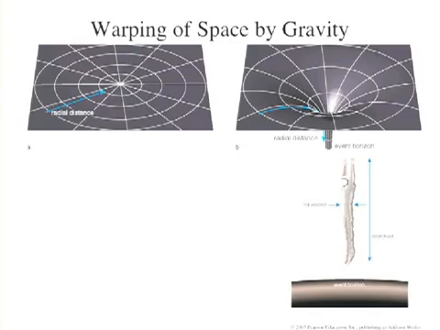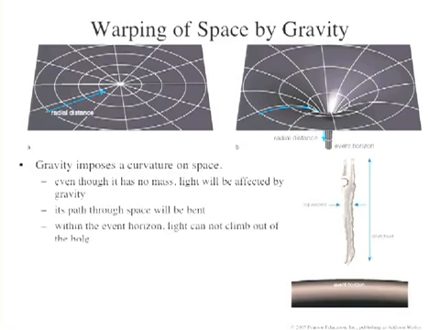Now, a homework problem is going to ask you to calculate the mass of the black hole. And when you do that, you'll find an interesting number. These measurements are made in the infrared, passing within 1 to the 6 million solar masses.